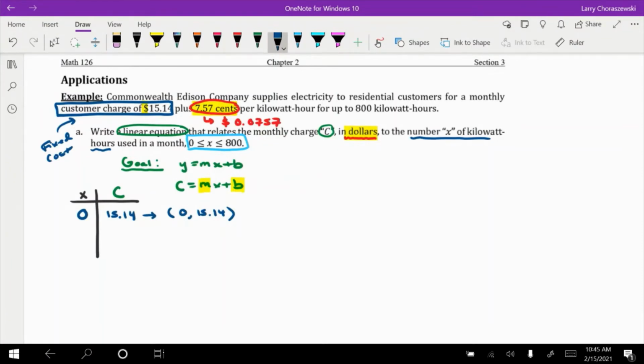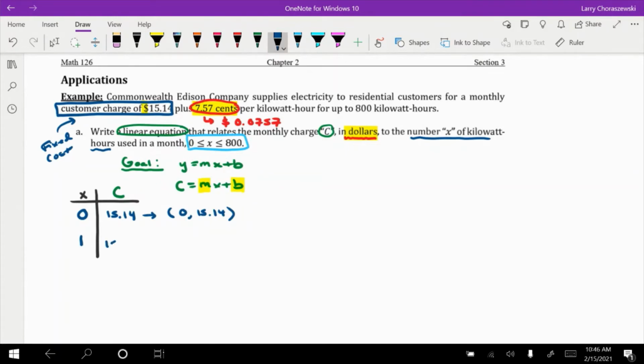And by getting a second point, it opens up the opportunity to calculate the line slope. So what I like to do is just increase x by 1 and consider what the cost would be if only 1 kilowatt was used in a month.